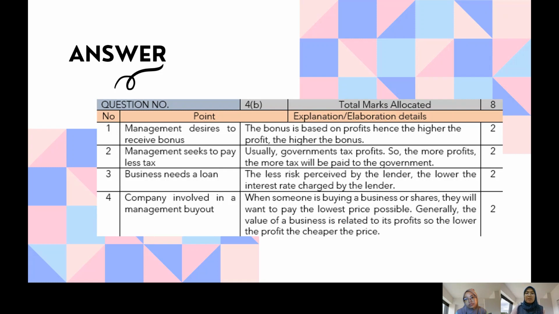And the last one is company involved in a management buyout. So when someone is buying a business or shares, they will want to pay the lowest price possible.